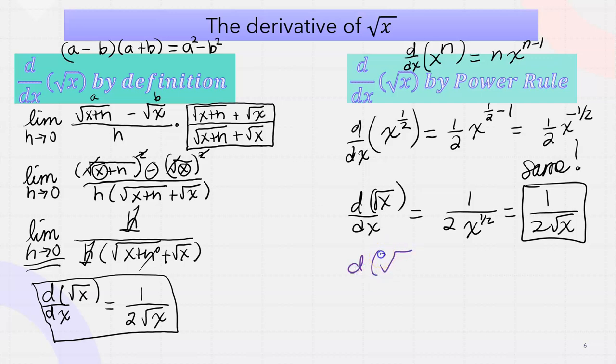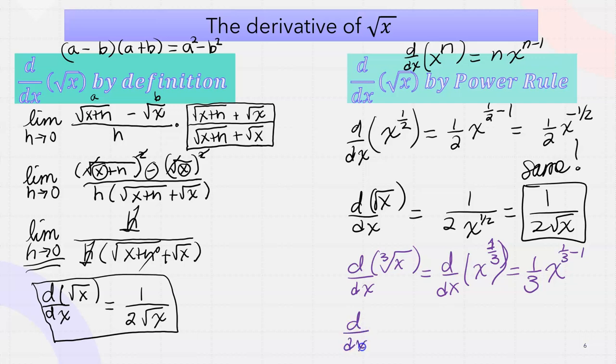The derivative of cube root of x is the same as, and we say cube root of x can be written as x to the 1/3, right? So then what we can do is take the 1/3 down, x to the 1/3 minus 1, and 1/3 minus 1 is negative 2/3, and then a negative exponent, you get to bring that down.